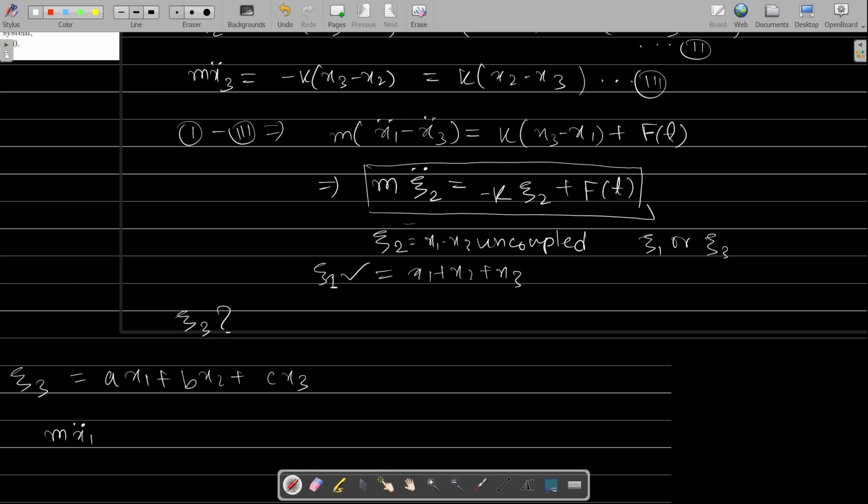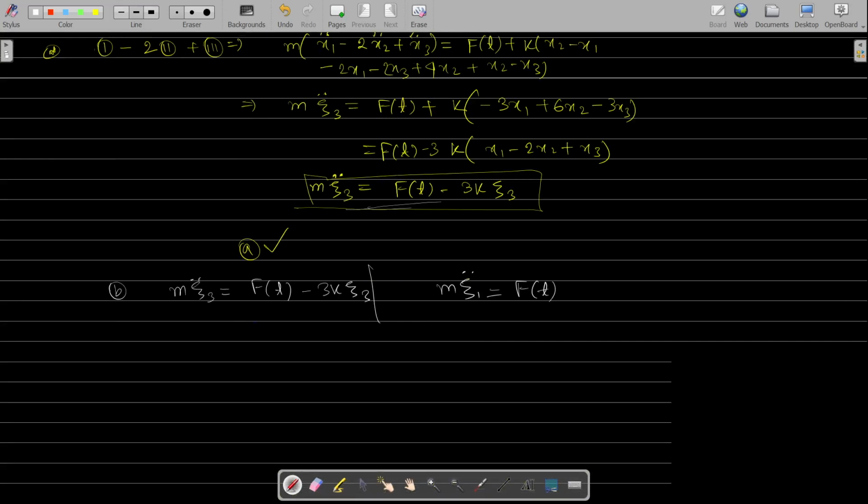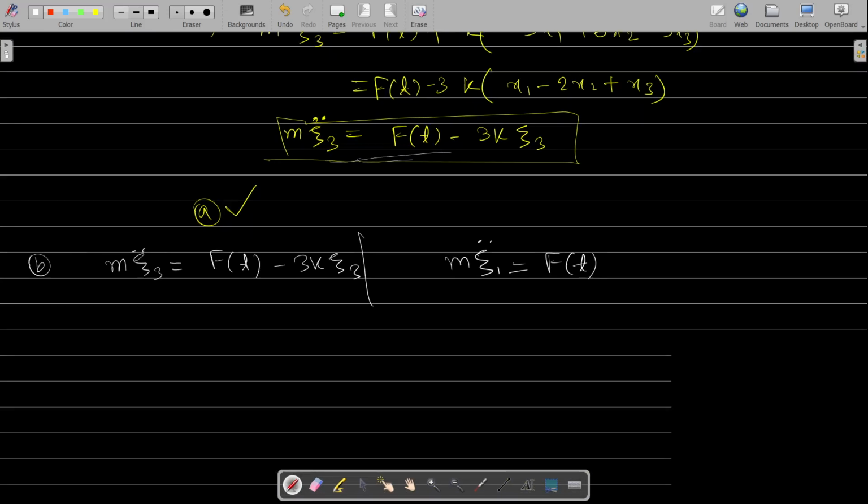So this one's for xi2: M xi2 double dot equals f minus k xi2. So all these three equations are uncoupled, and hence we have the answer to question B.